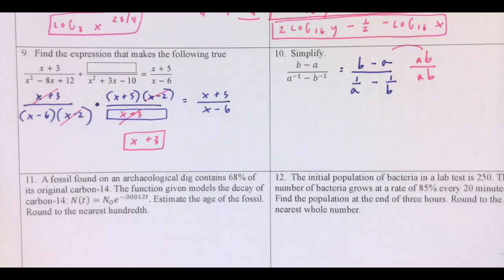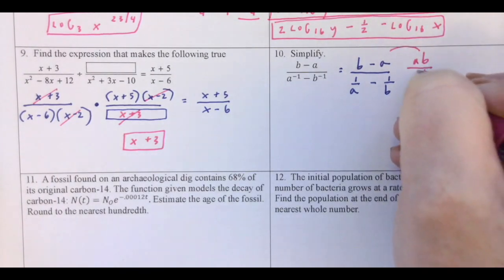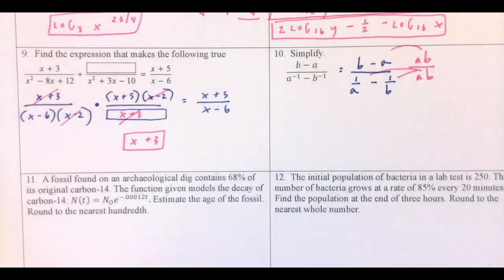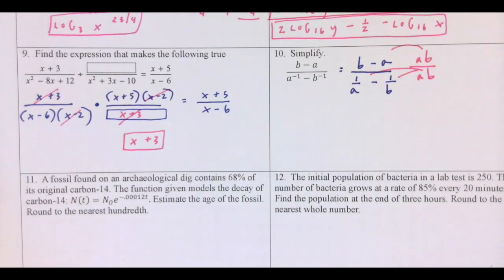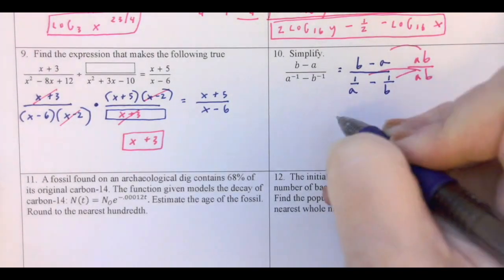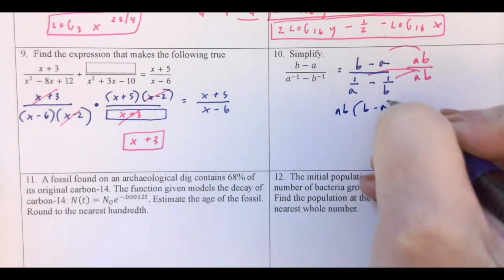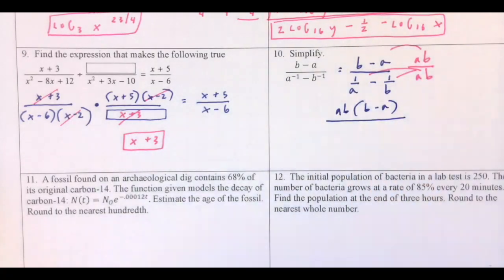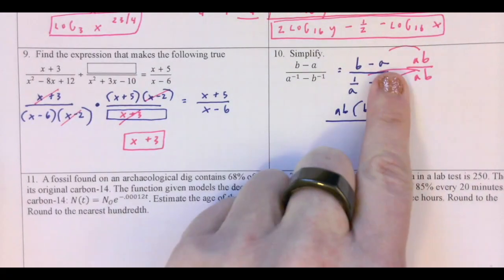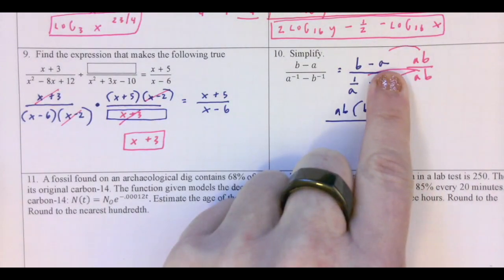So I'm just multiplying it by the package of b minus a. And then over here, I'm going to multiply by those two separate terms to clear the fractions. So now I'm going to have ab times b minus a on top over. Okay, so if I have 1 over a times ab, those a's cancel away and I just get b.